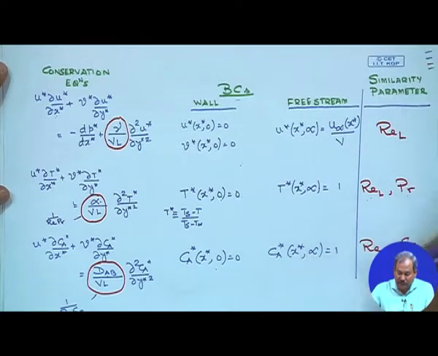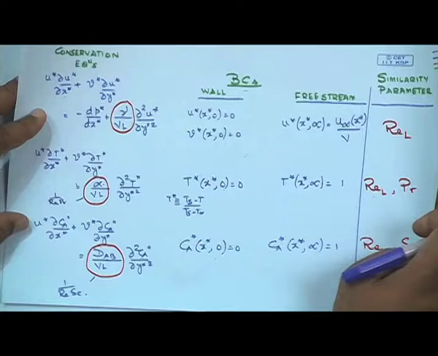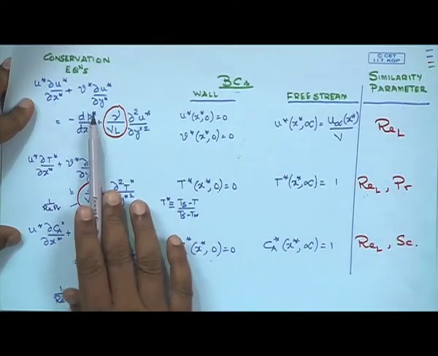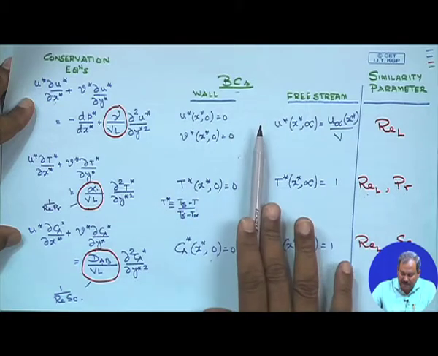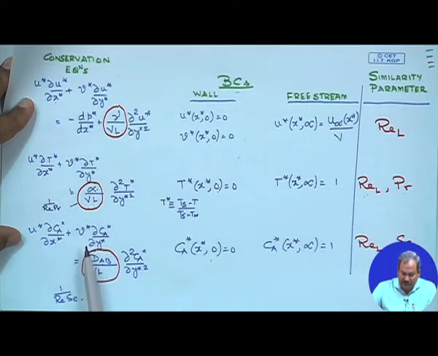So, this would give us the first type of analogy that we are going to get. Once again, when the equations are same and the boundary conditions are same, then all these three systems would be called dynamically similar.